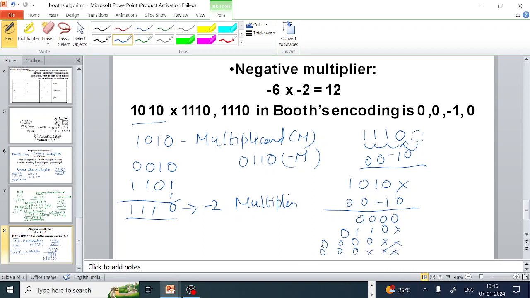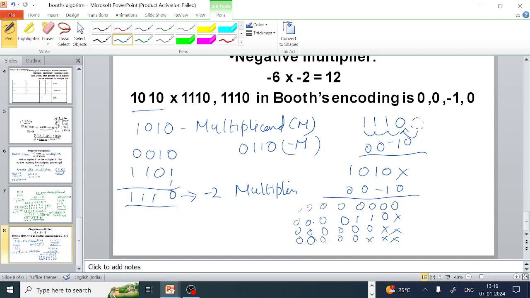But I told you your product should be equal to 8 bits. Here I have 7 bits, so I'll do a sign extension. This is 0. This is 0. This is also 0. This is also 0. Okay. So now it is equivalent to 8 bits.